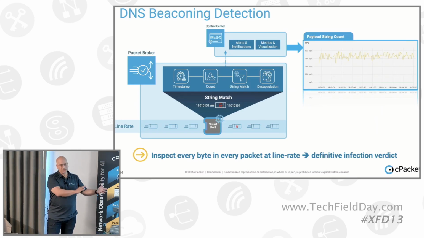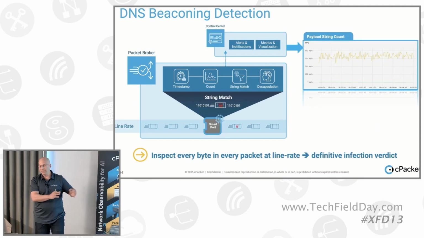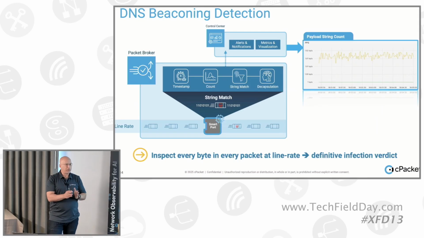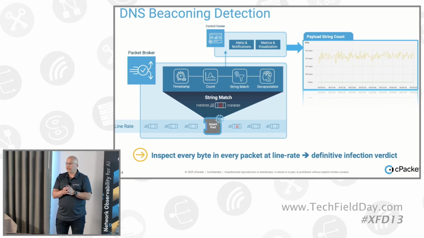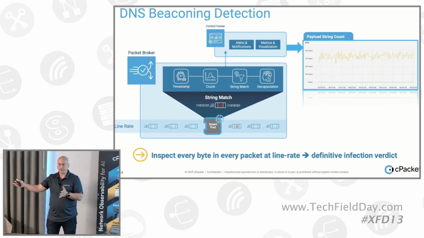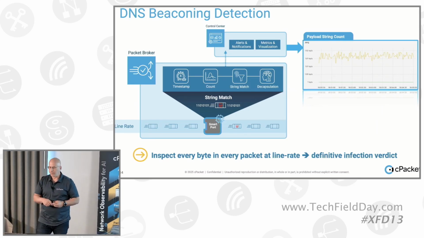It's critical for our customers in network observability to know nanosecond latency. Then there's the ability to count, which we'll show in a second. We're able to do string match filtering and then remove duplicates. Basically, we can manipulate the packets so that we don't load the other tools with extra packets.